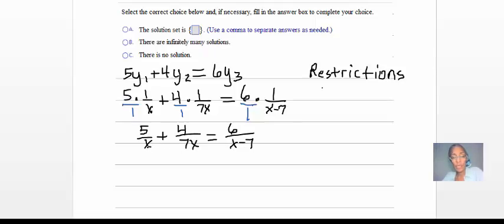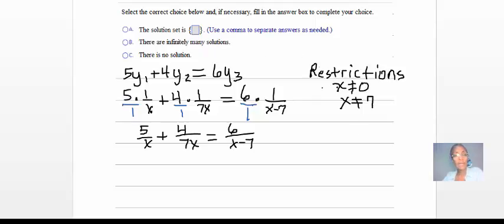So if x is 0, both first and second denominators are 0. So if it should come up as a possible solution, I'd have to reject x equals 0. So x cannot equal 0, or else the original equation won't make any sense. It'll be undefined. Also, x can't be 7. If x is 7, that would make this denominator 0. So those are my two restrictions.